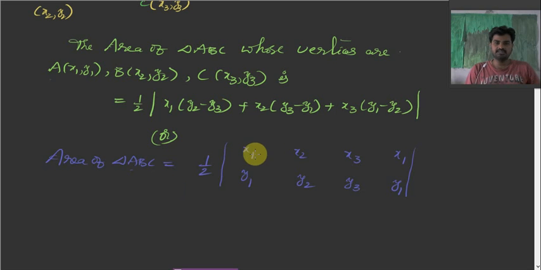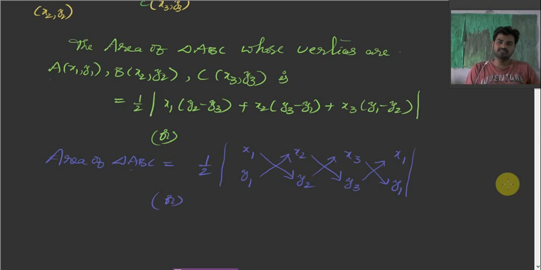After writing this, you can substitute the values and simplify by cross multiplying. When the arrow goes downward, you put the positive value. When the arrow goes upward, you write the negative value. Like that you can simplify.